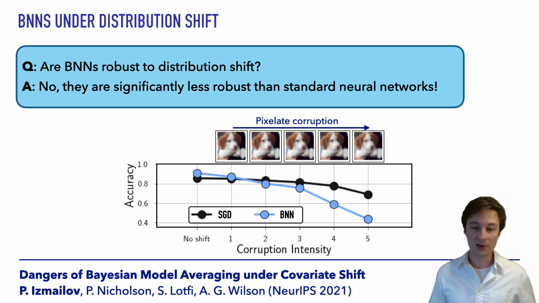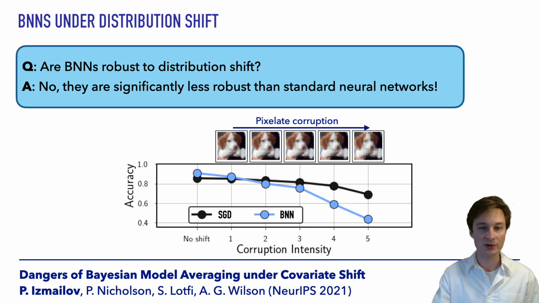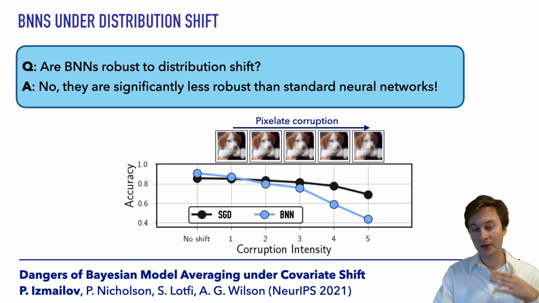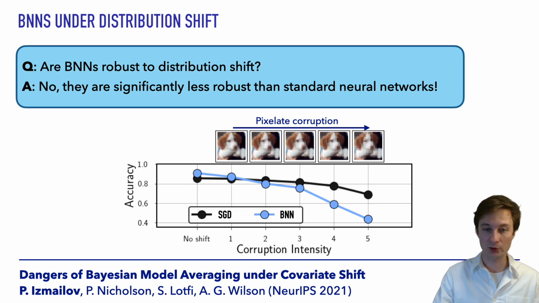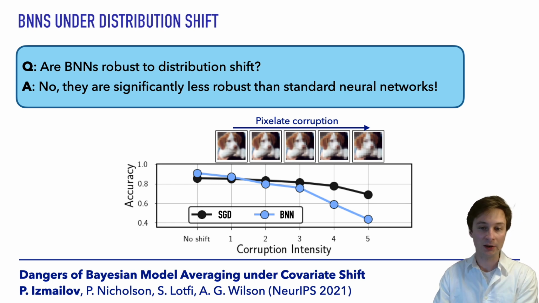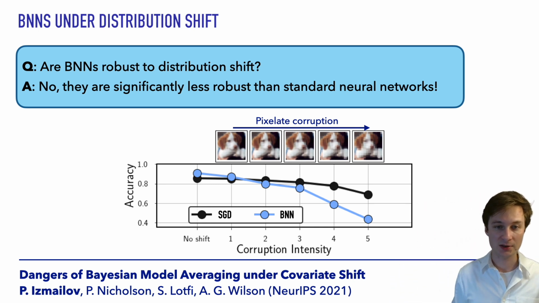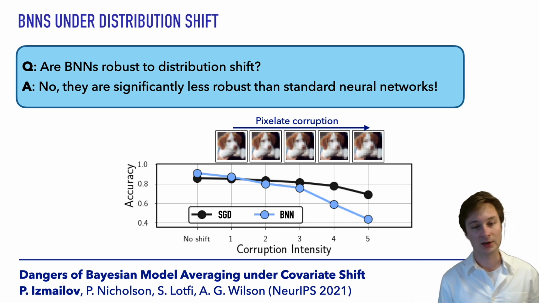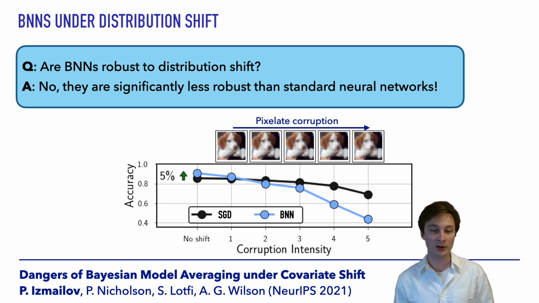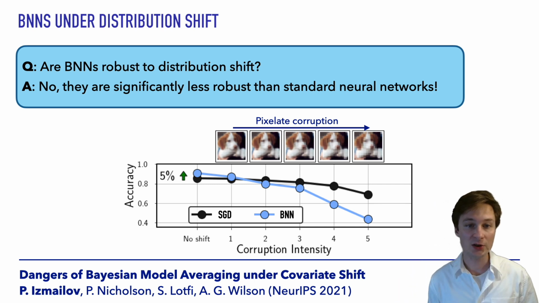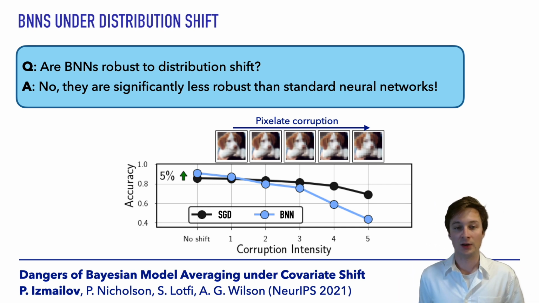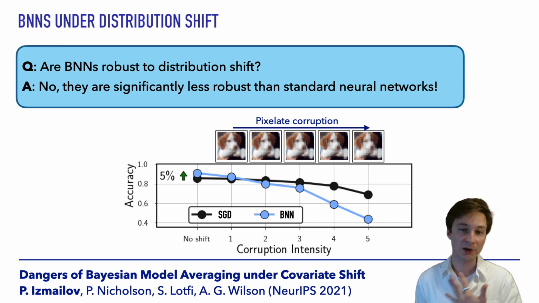So here is an example, and this is once again ResNet 18 on CIFAR10, and we are comparing the SGD solution to a Bayesian neural network as we increase corruption applied to the images at test time. So we take our regular CIFAR10 test set, but we apply this pixelate corruption at different intensity levels. And as we see, when we compare the performance on the original CIFAR10 test images, the Bayesian neural network is quite a bit better than SGD.